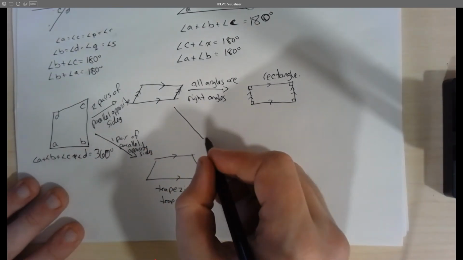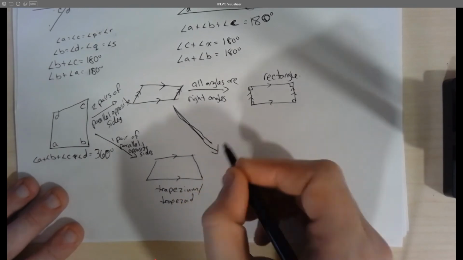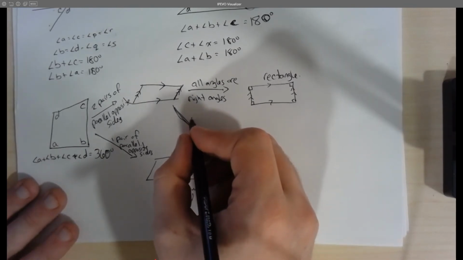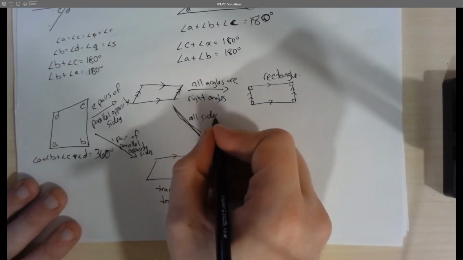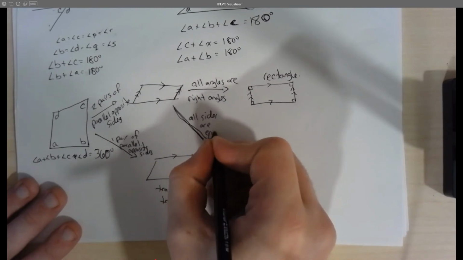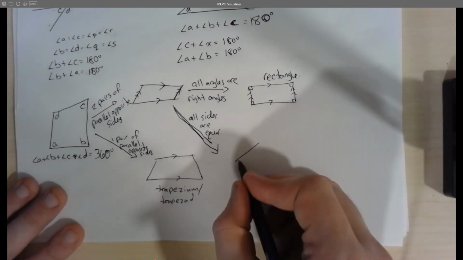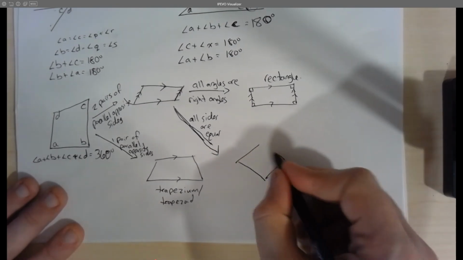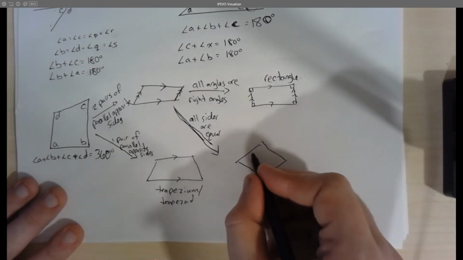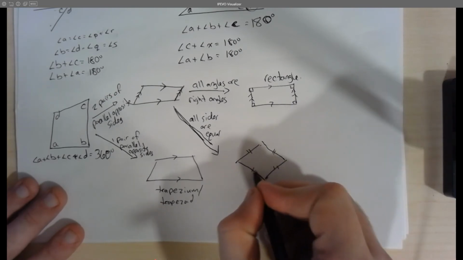If all sides are equal, this one doesn't necessarily have all equal sides, then I have equal sides, equal sides.